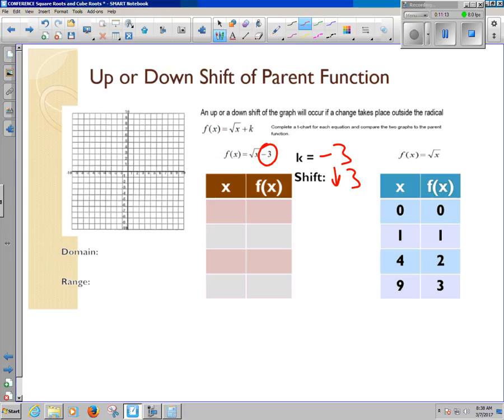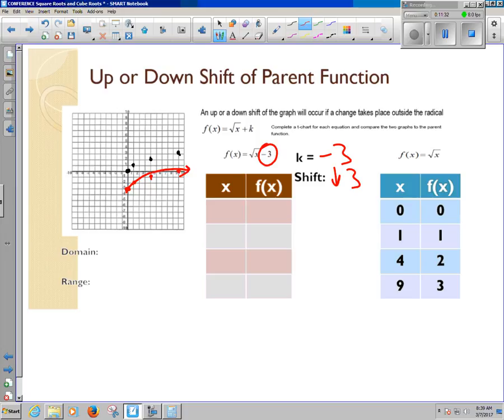So as we saw earlier, if I looked at my parent graph points first, I could actually take each one of these and move them down 3, right? This would be my new graph. See how easy that was?